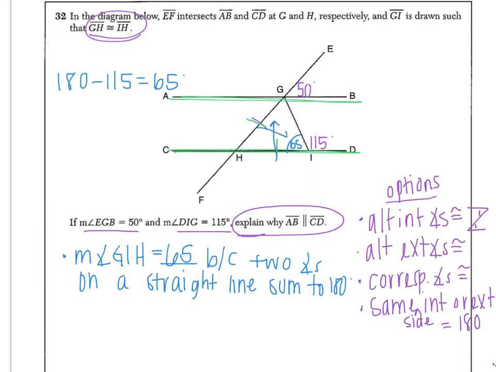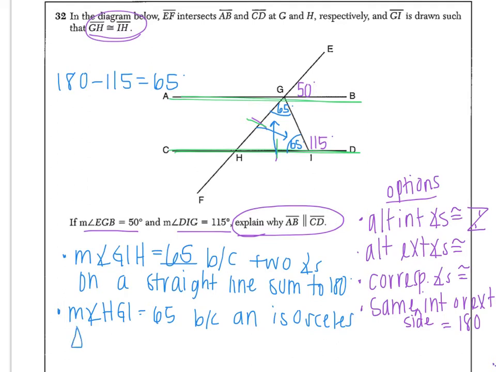So here, this side gave me the angle of 65, which means that this angle is also 65. So I'm going to state that as well. Measure of angle HGI is equal to 65 because an isosceles triangle, isosceles has two congruent sides, that's how I knew it was called isosceles, has two congruent base angles.